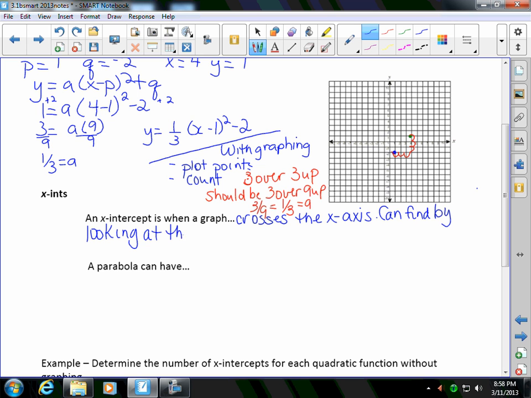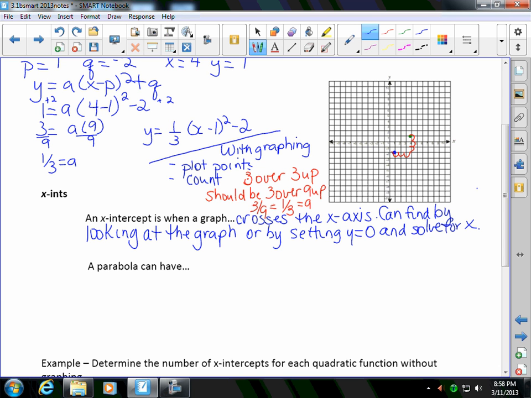Or the other way is algebraically, by setting y equal to 0 and then solving for x. So that's what you would have done for linear equations. When you had y = mx + b, to find the x-intercept, you let y equal 0 and then solve for x.